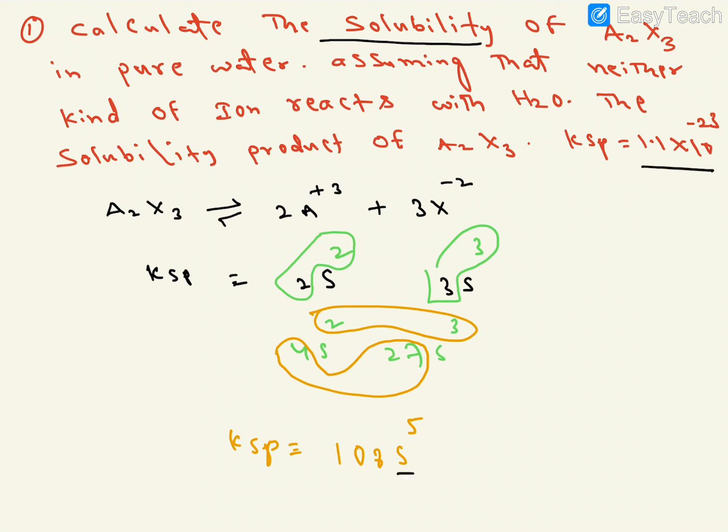So in the question they are giving the Ksp value, and they are asking for the solubility. The Ksp value they are giving is 1.1 into 10 to the power of minus 23. So the general formula of Ksp is equal to 108 s power 5.